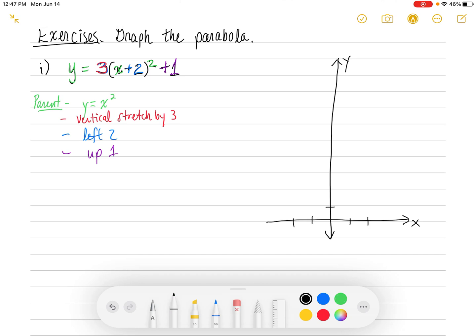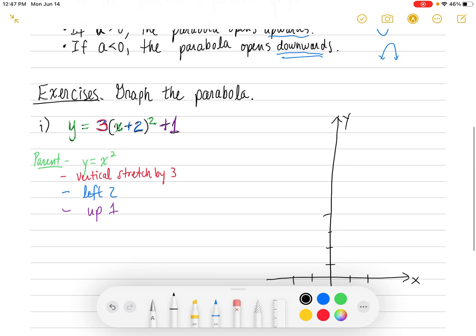So I will actually think about this. Do I have enough space? I don't know. 1, 2, 3, 4.